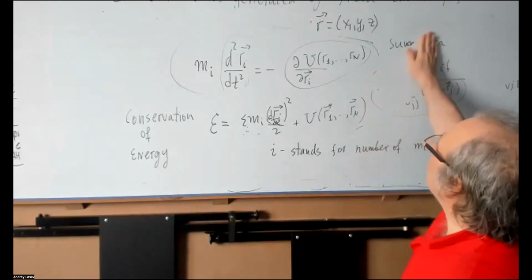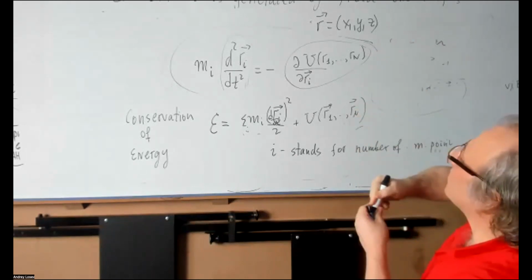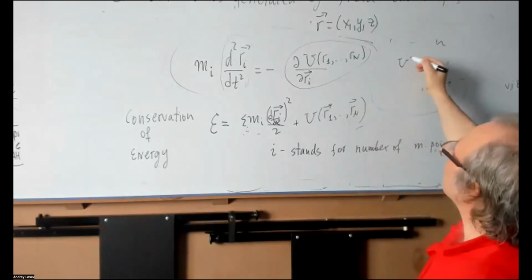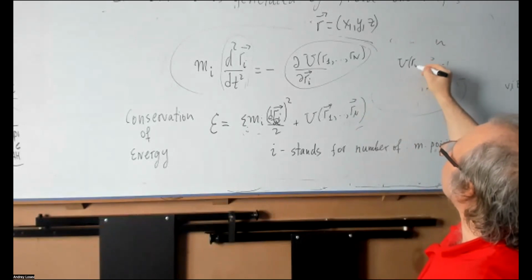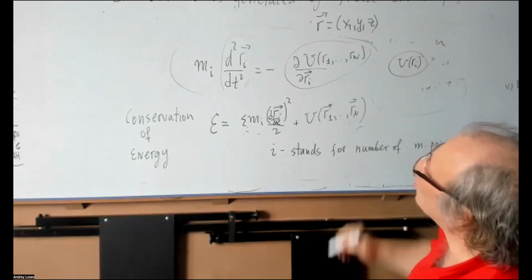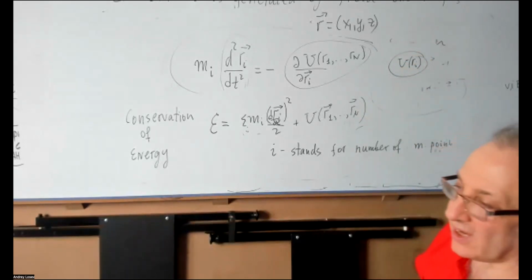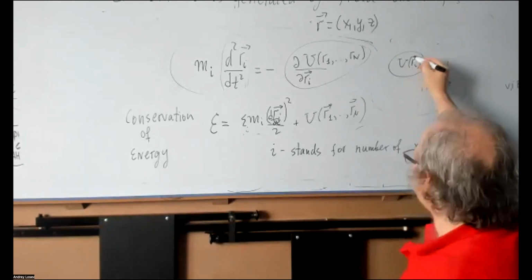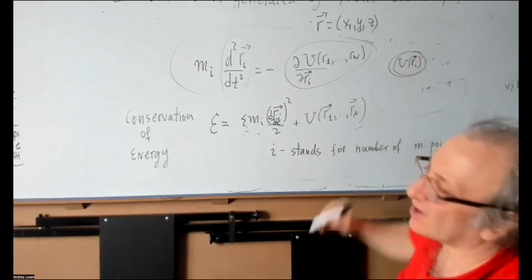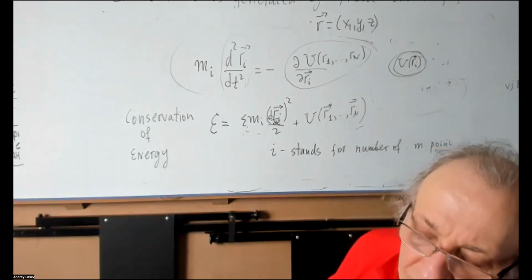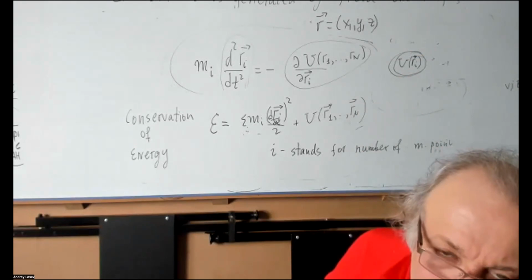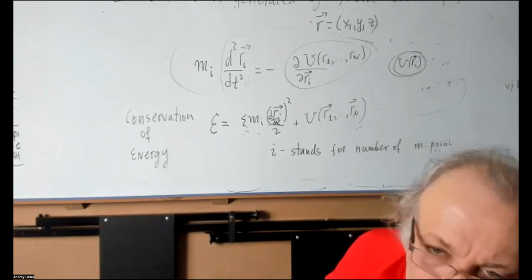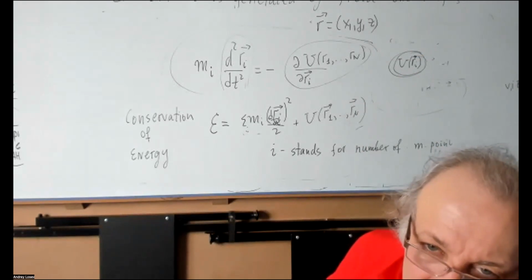It's a good point that you are asking. You may ask, why are we not saying that there is something like U of R_i itself. It is possible to consider such a thing. However, in this way, you typically break translational invariance. It's not bad to break translational invariance.